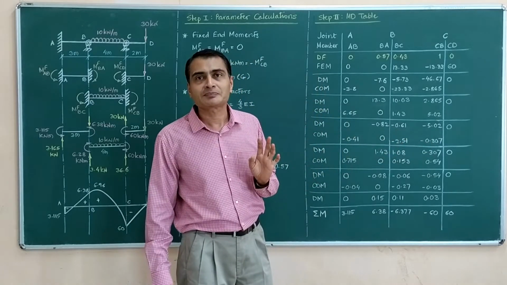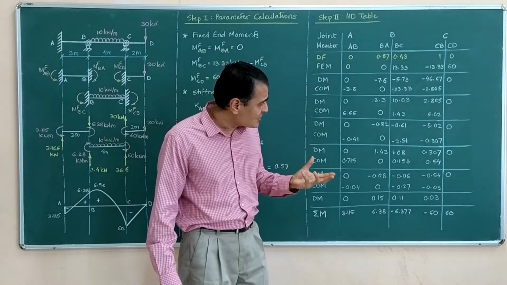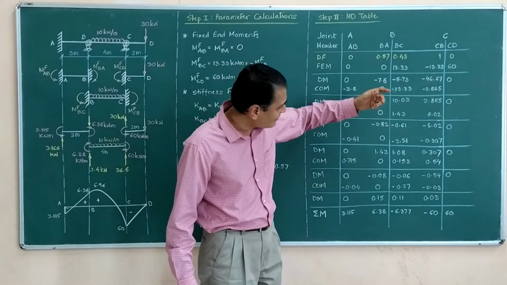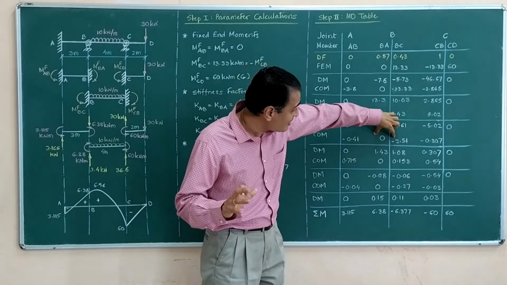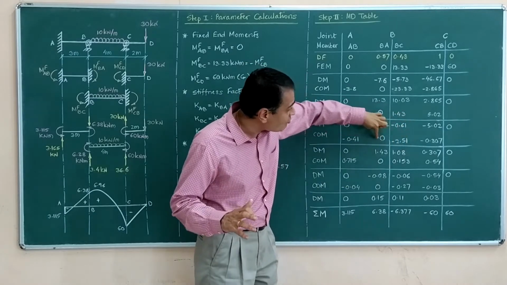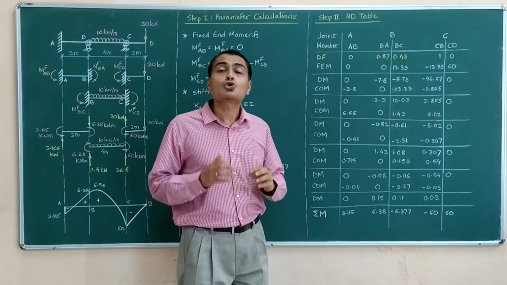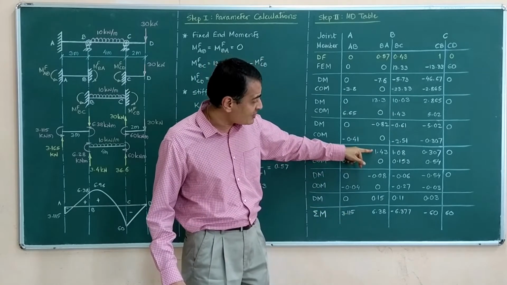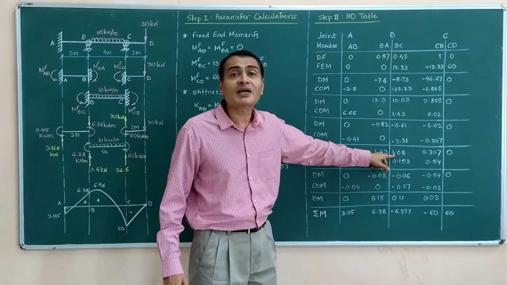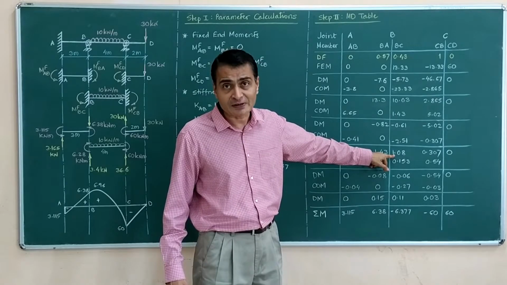Check. Again, see the imbalance that is here. I again distribute these moments. This is imbalance of minus 2.51. So I apply 2.51. 2.51 into 0.57 written here, 2.51 into 0.43 written here.